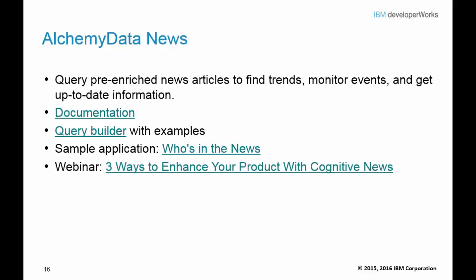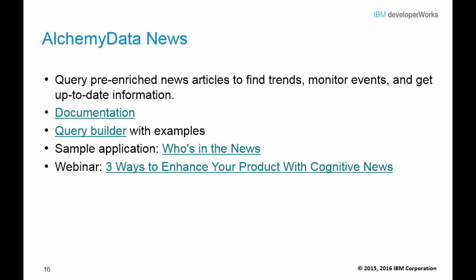AlchemyData News queries news articles to find the trends, monitor events, and collect the latest information. Using this API, you can query the news for technology, health, finance, and other fields. Click on the Query Builder link as well as the Who's in the News sample app to test News API.